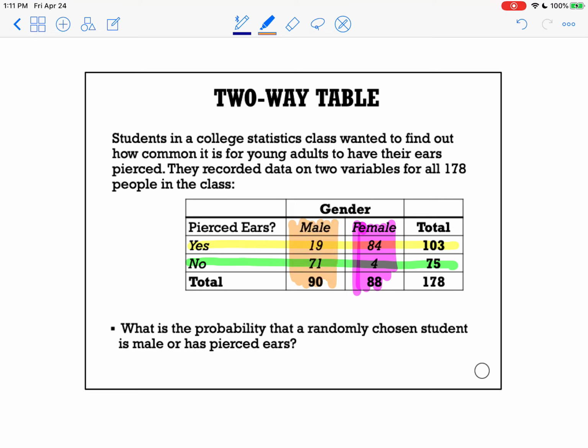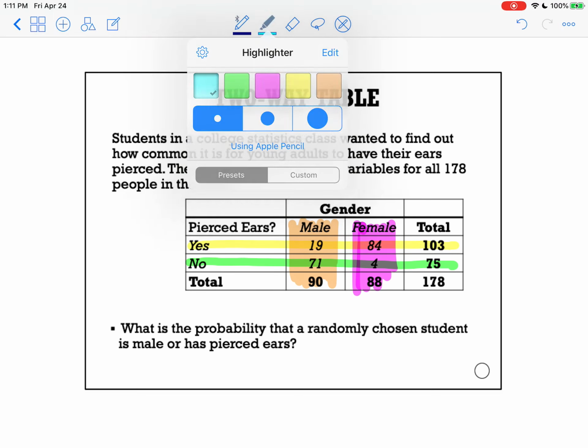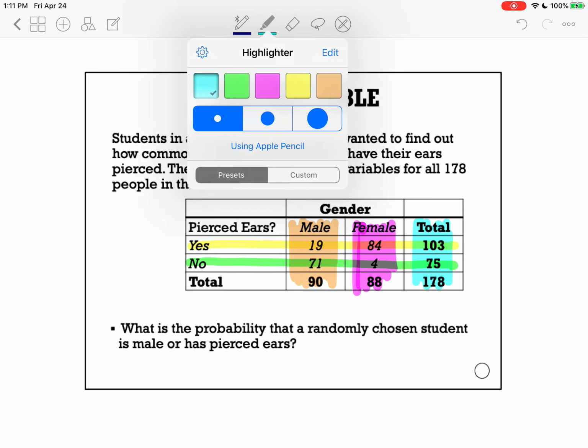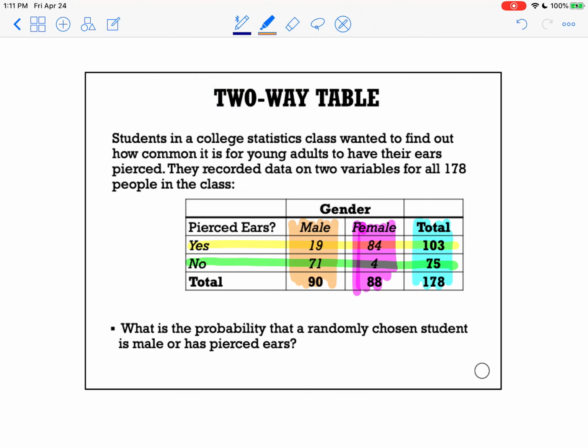Okay, and then we have our totals. We have our totals both for having the ears pierced or not, and that gives me 178 people. And then we have our totals also for whether or not we are male or female. Okay, so there's a lot of information in this table.